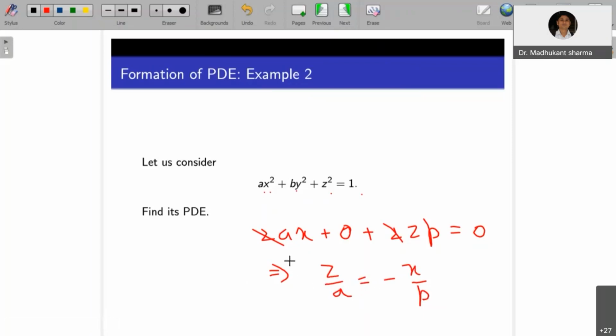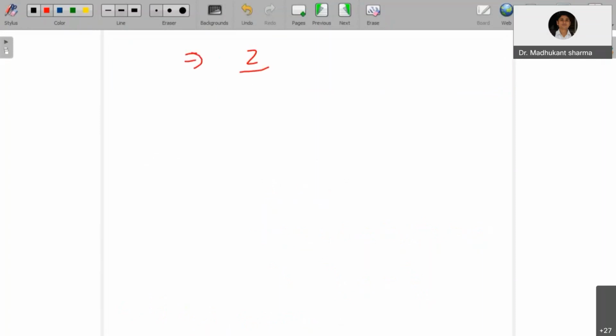Similarly, if you differentiate partially with respect to y, you will have 2by plus 2zq equal to 0. So this will imply z by b is equal to minus y by q.